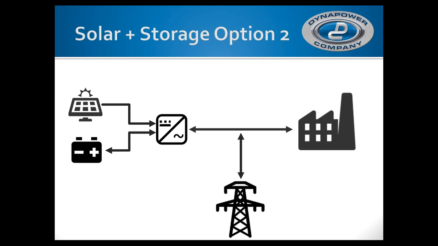You've got a single inverter with a single set of controls monitoring both and doing that balancing for you and monitoring the loads. Within that inverter, you have that disconnect to break the connection to the grid so that you can support the loads directly off of the inverter.